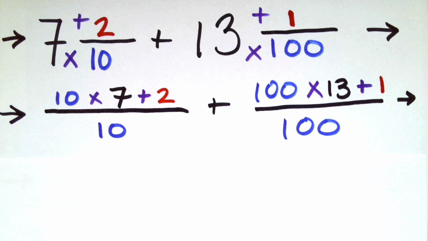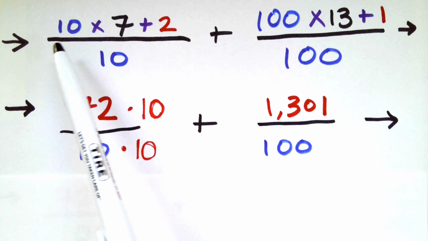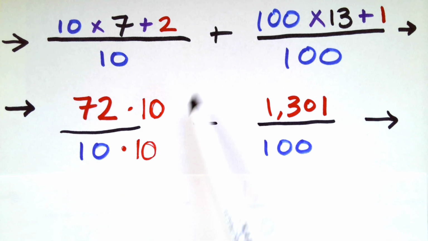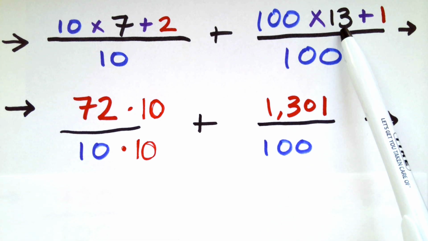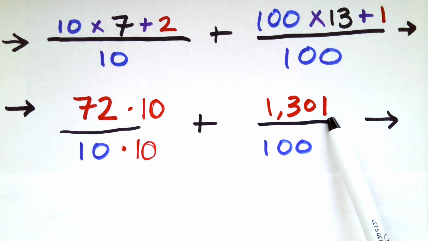That will convert these mixed numbers into improper fractions. So in converting, 10 times 7 is 70, plus 2 is 72 over 10. Plus 100 times 13 is 1,300, plus 1 is 1,301 over 100.